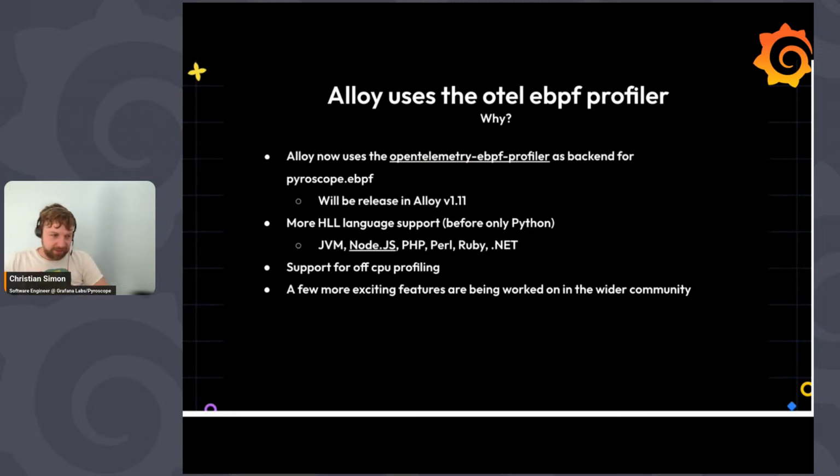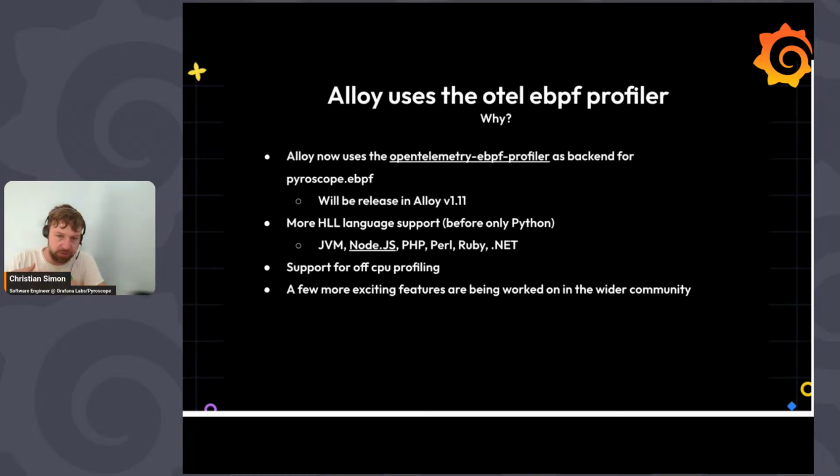So now, a slight topic change. We also spoke about this before, but now the PR is actually merged, and the next release, Alloy version 1.11, will contain the OTel eBPF profiler. So we replaced our own profiler from Pyroscope.eBPF with a new one, and there's no option to get the old one back.